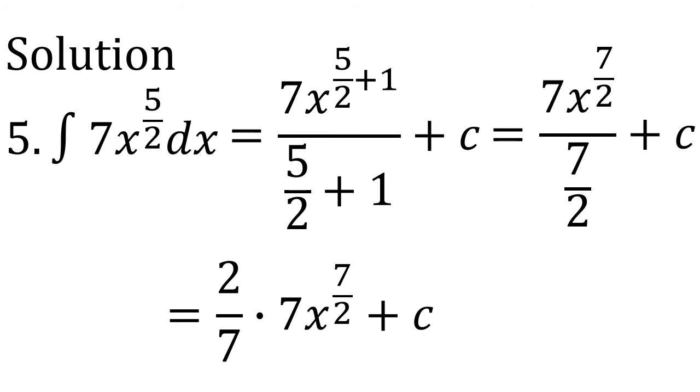So the reciprocal of 7 over 2 is 2 over 7. So let us multiply it to 7x raised to 7 over 2. So that will become, because 7 will be cancelled, this will become 14x to the 7 over 2 plus c.